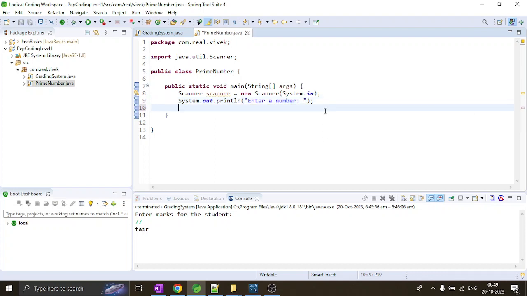So we get a number which will be the times. The first number will be the times, so we'll capture that with next int. This will give the times that we are going to iterate.